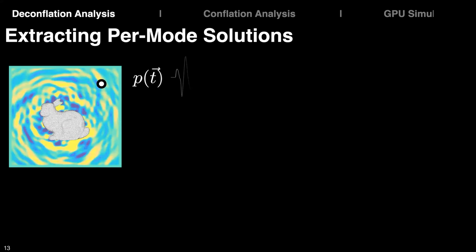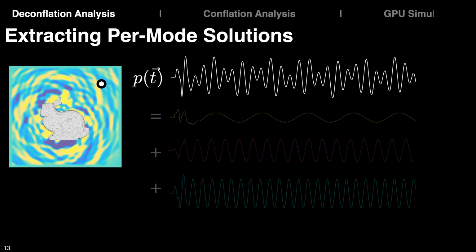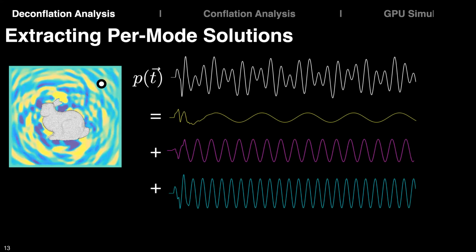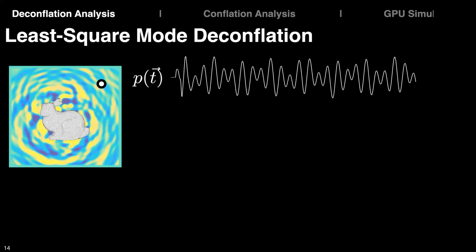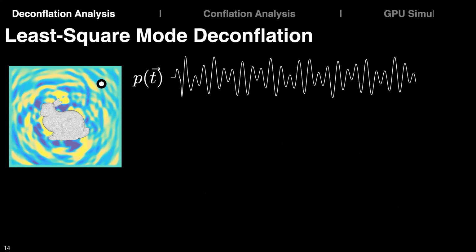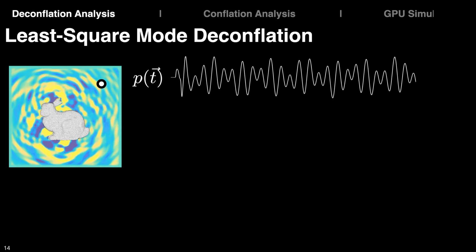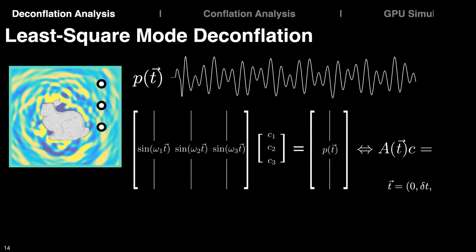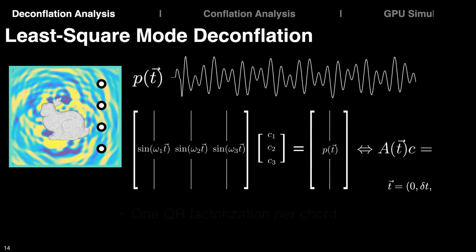So in practice then, the pressure field at any point is going to be a superposition of some partials. After the initial transient, they're basically just sines and cosines. And so we can separate them efficiently using least squares because we know the actual frequencies of each of the modes. So assuming they're just sines, then there's some mixing coefficients that we can determine using least squares. And this can be done extremely efficiently at many points in our system.